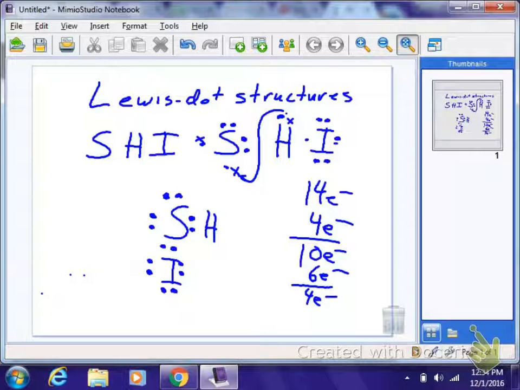And then iodine, see, it needs its 1, and so it will come over here and attach itself. So that's kind of what we ended up with after those 5 statements. Okay? That's kind of what we did. It's just an easy way to show that connection. So now everything has 8. Iodine has 8, 2, 4, 6, 8. Sulfur has 2, 4, 6, 8. Hydrogen has 2. This is called Lewis dot structure.